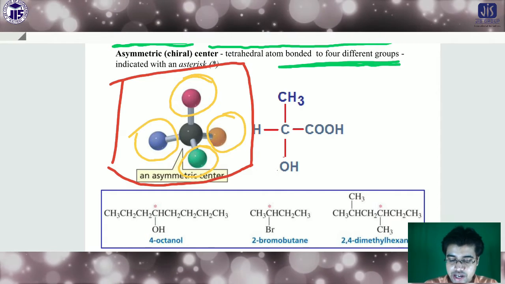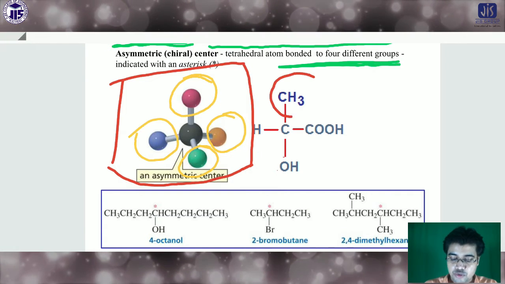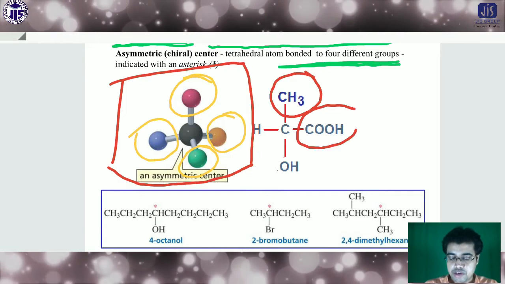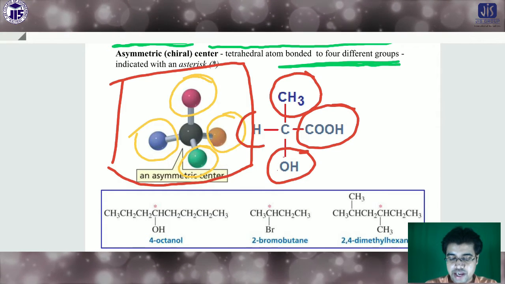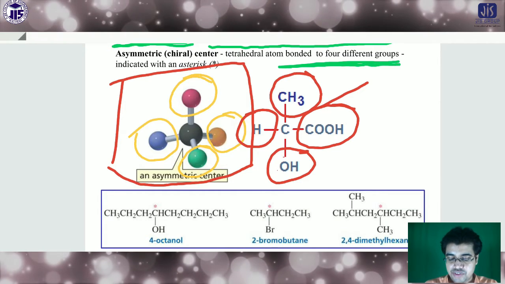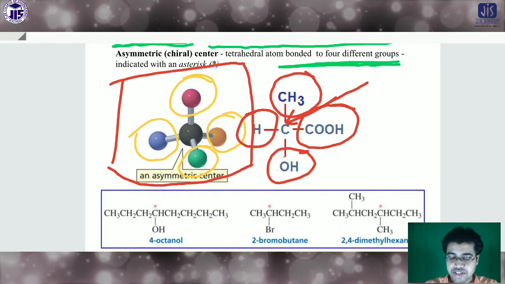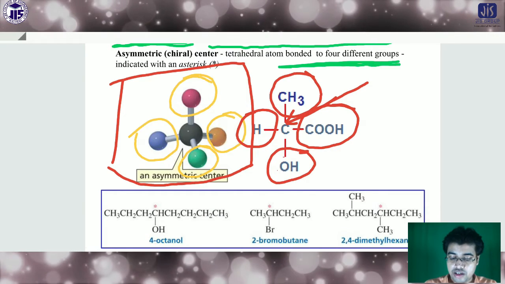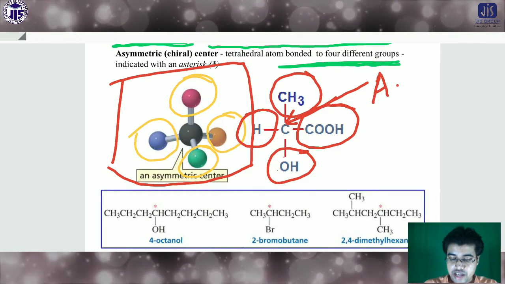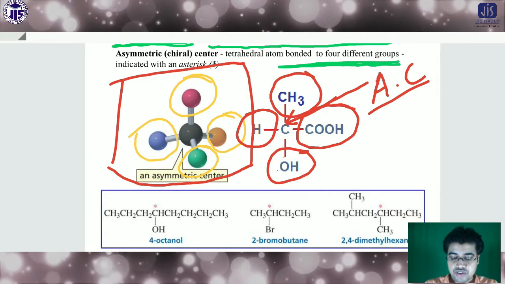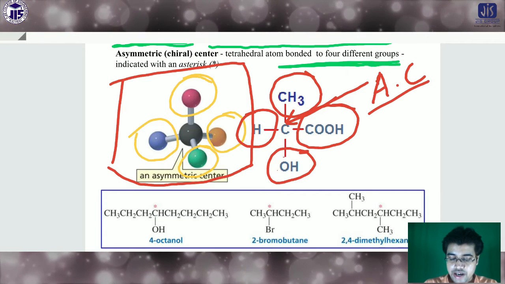Look here, this is the real example: one group is CH3, another group is COOH, another group is OH, another group is H. So this carbon center is called the asymmetric center, and this compound is called a chiral compound.